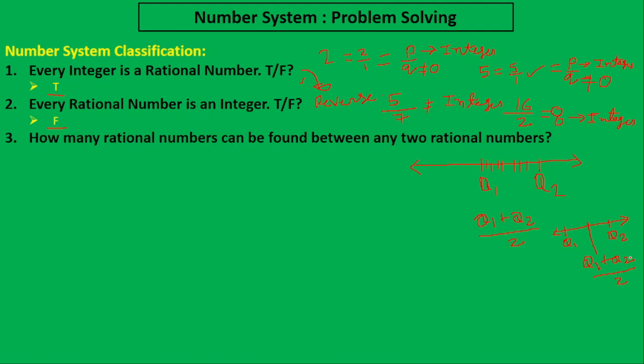So between any two rational numbers there is always one rational number, that is the summation divided by 2, q3. Now q3 is again a rational number because the summation of two rational numbers is always a rational number. So between q1 and q2, q3 is there. Now between q3 and q2 also there will be a number, that is q3 plus q2 by 2. We call it q4.